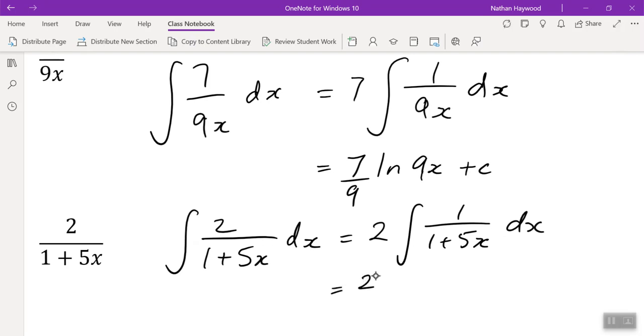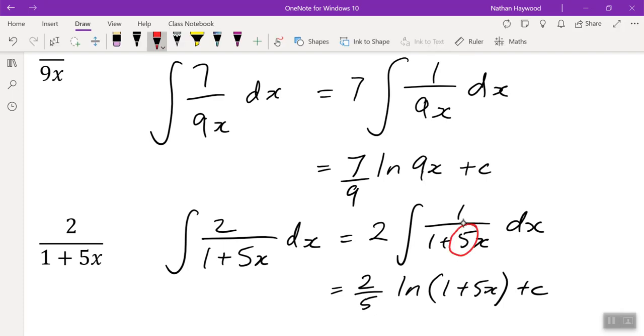So it's just the natural log. We bring the coefficient of x there. Natural log of brackets 1 plus 5x plus c. There's a number in front of x. So I brought that out the front under the fraction, but I also leave it there as well.